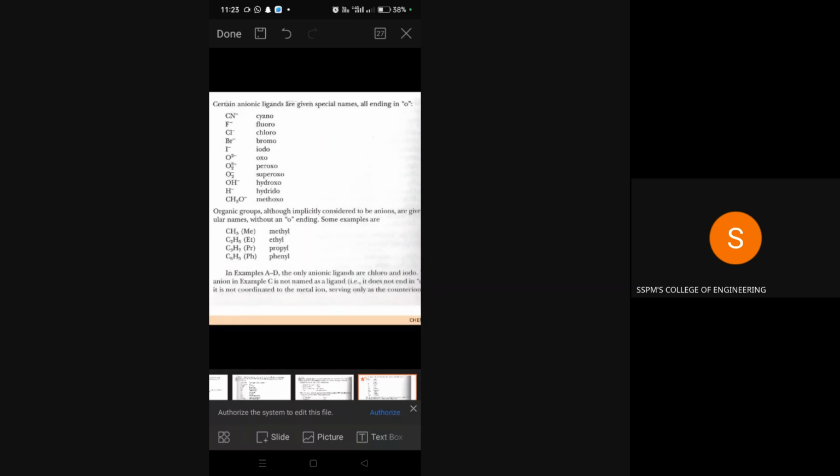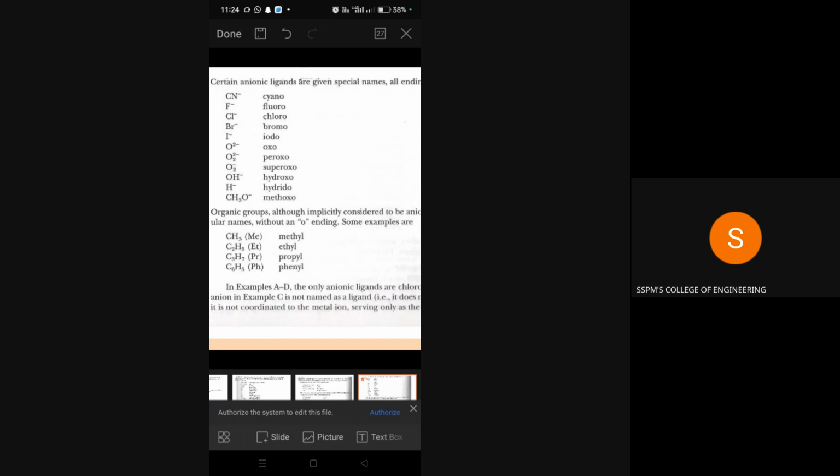Now, certain anionic ligands are given special names, that is, all ending with O: cyano, fluoro, chloro, bromo, iodo, oxo, peroxo, superoxo, hydroxo, hydrido and methoxo.